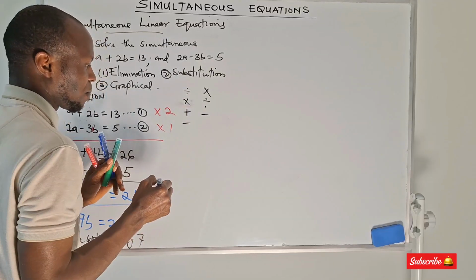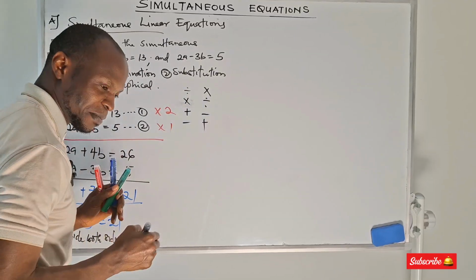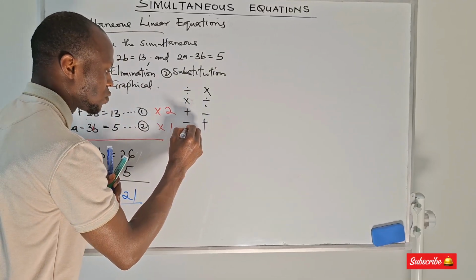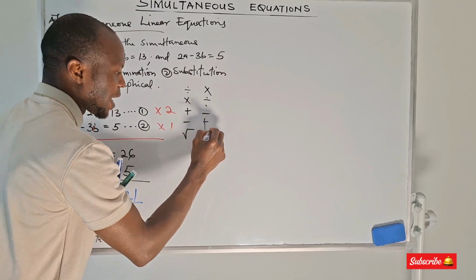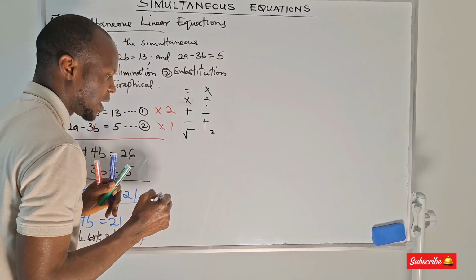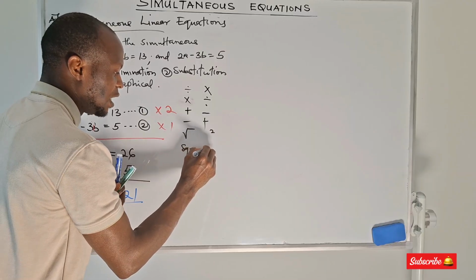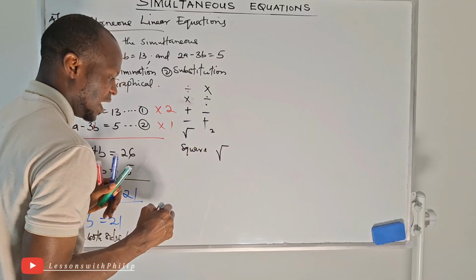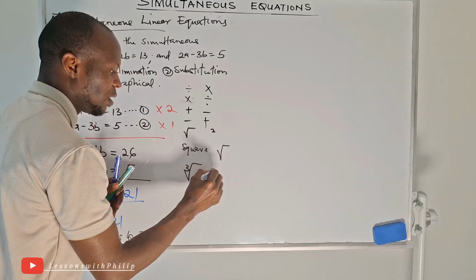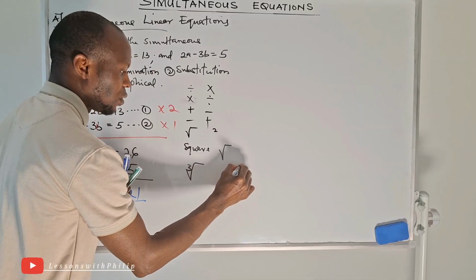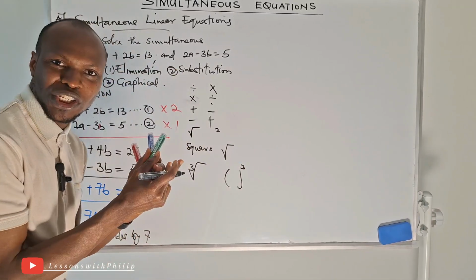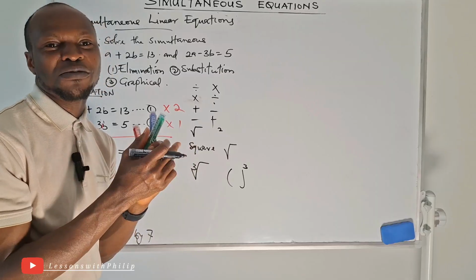If they're joined together by subtraction, they'll be separated by addition. If they're joined together by square root, they'll be separated by square, by exponents. If they're joined together by square, they'll be separated by square roots. If they're joined together by cube root, they'll be separated by cube. Okay? That is the principle of what? Of change of subject of formula.